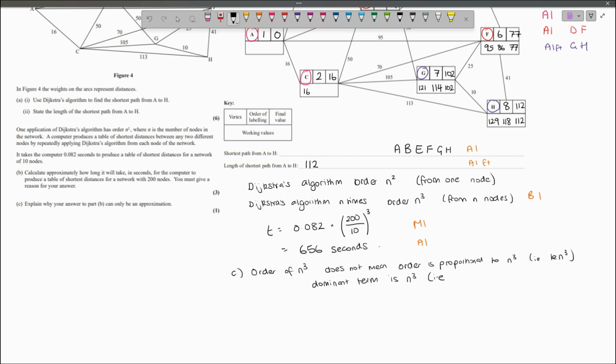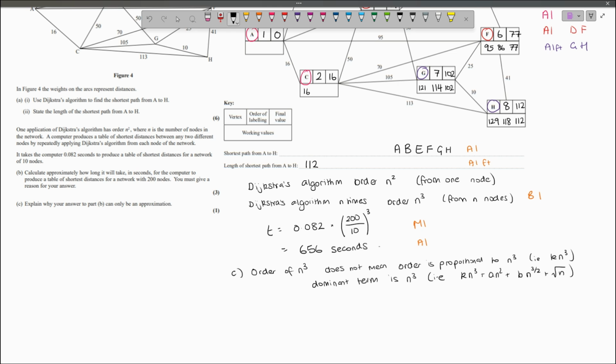So we could have a scenario like k n cubed plus a n squared plus b n to the power of 3 halves plus the square root of n. And as n gets really big, the n cubed dominates this term. So all the other terms become negligible.